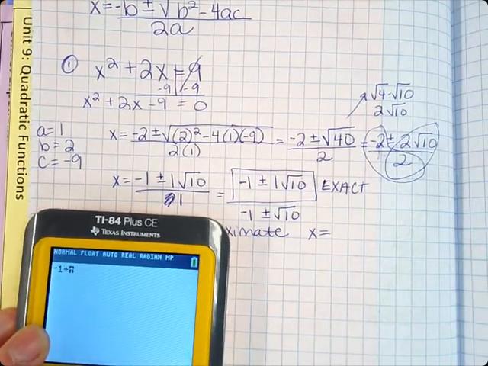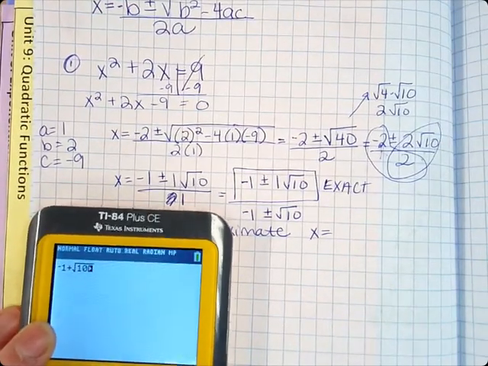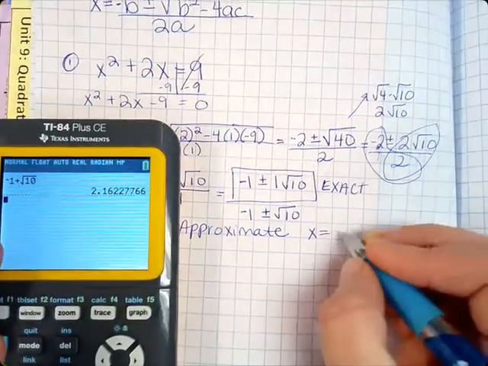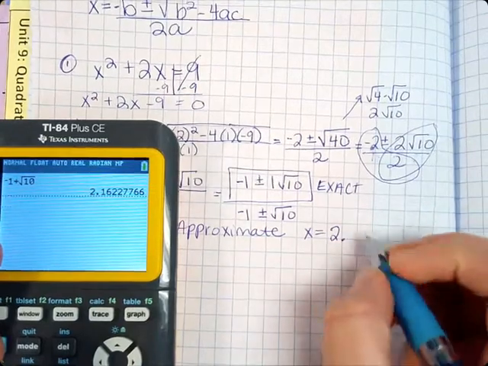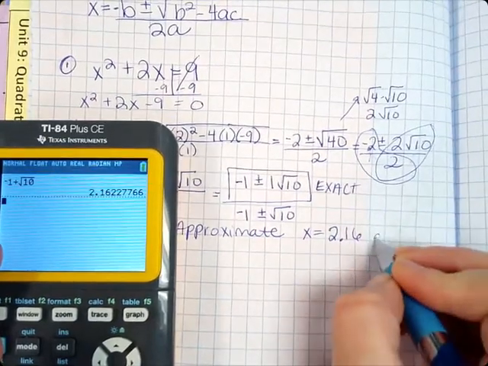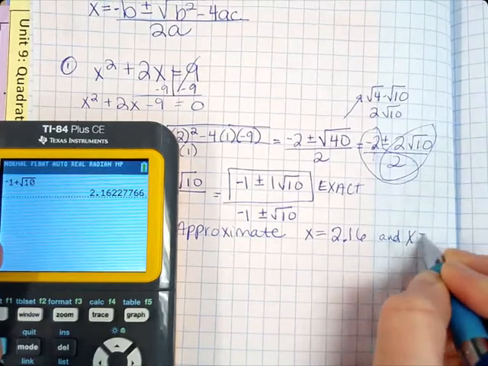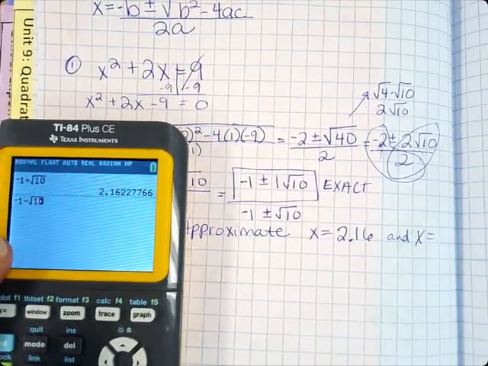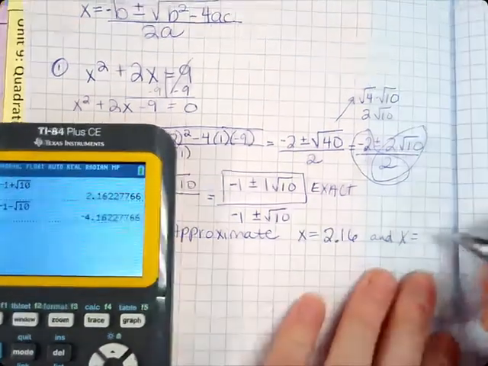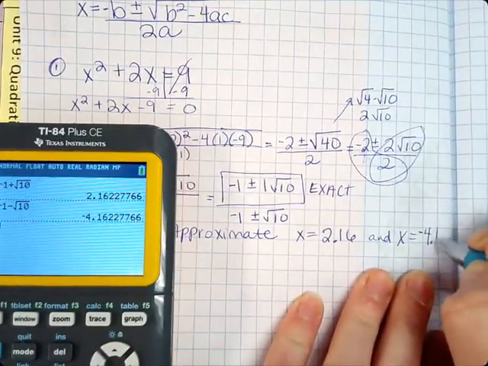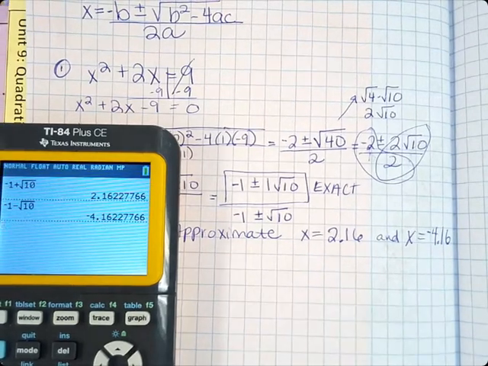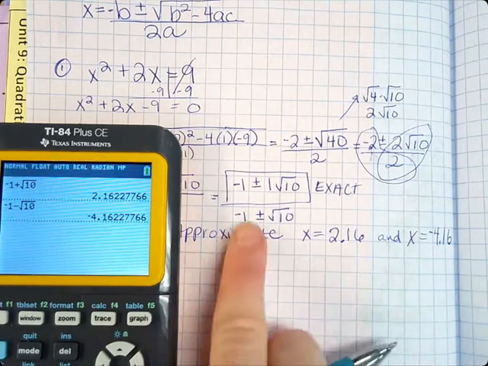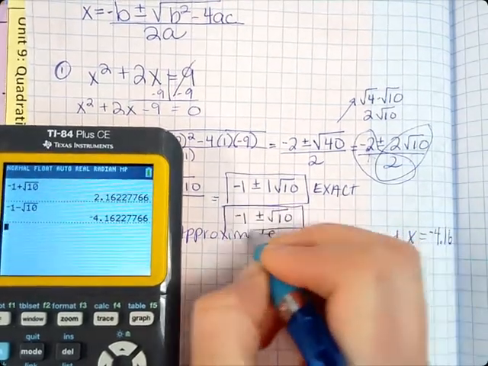Negative 1 plus the square root of 10, which equals 2.16, going to 2 decimal places. And x equals, we'll do the same thing but with the subtract, square root of 10, negative 4.16. So we have the exact answer and we have the approximate answers.